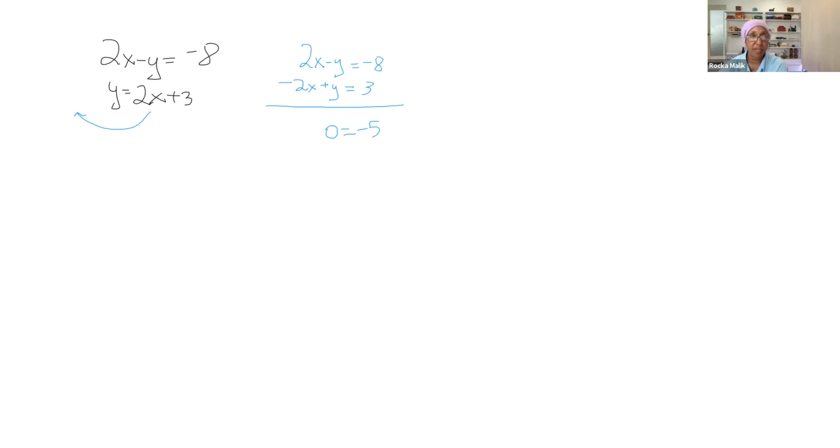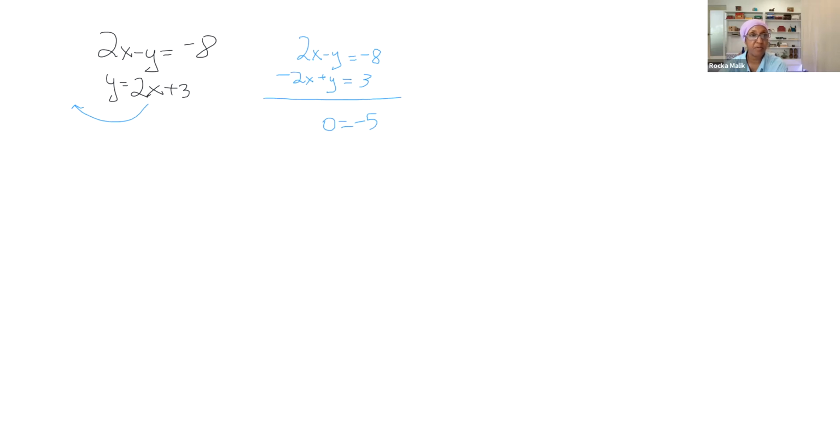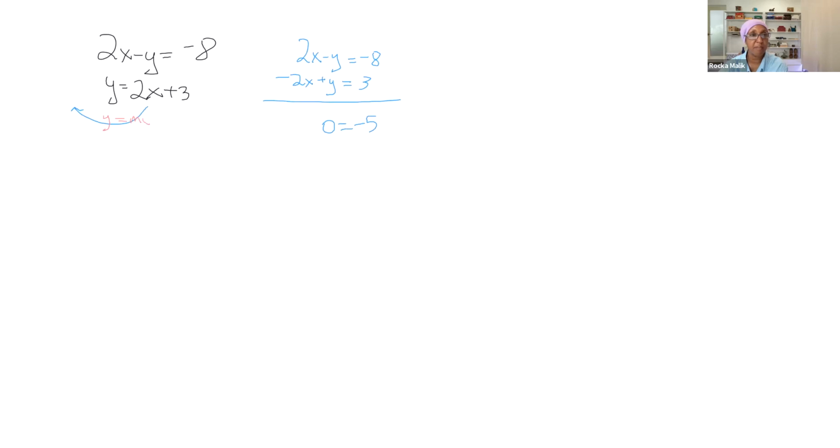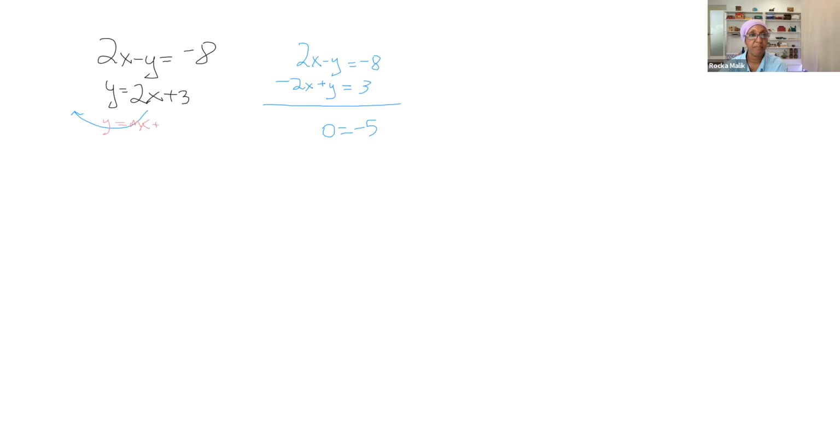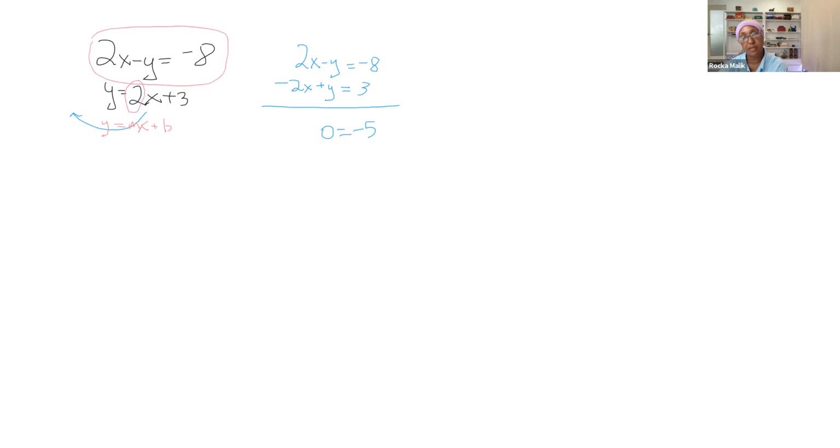If I want to, I can take this equation because this is slope intercept form, right? y equals mx plus b. Which means my slope is 2. If I make this equation look like y equals mx plus b, I'll be able to see if my slope is the same.